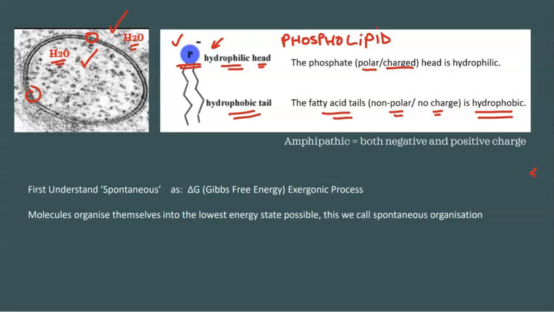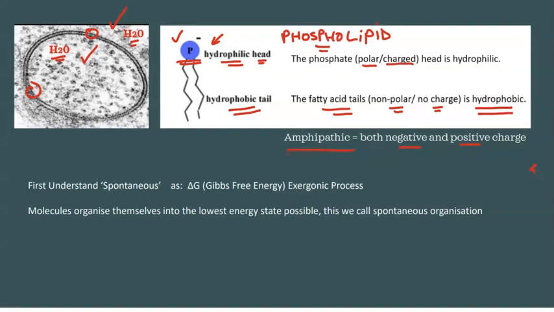Students would do well to return to this video and indeed all of cell membrane structure after you have studied the biochemistry of proteins, lipids, and carbohydrates. So this molecule, the phospholipid, which makes up our cell membranes, is described as being amphipathic with both negative and positively charged regions, and indeed, of course, the tails with no charge at all.